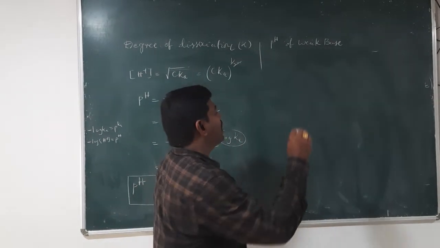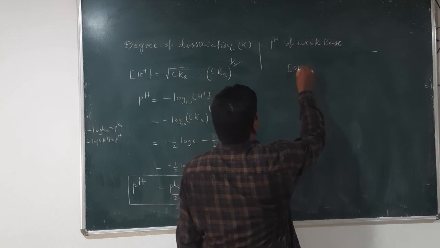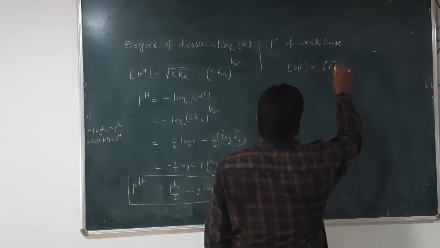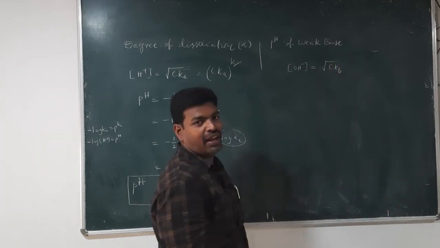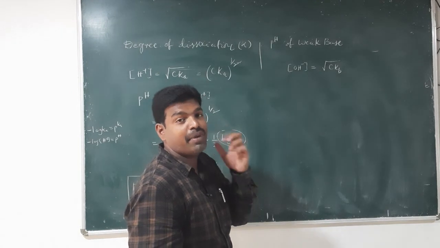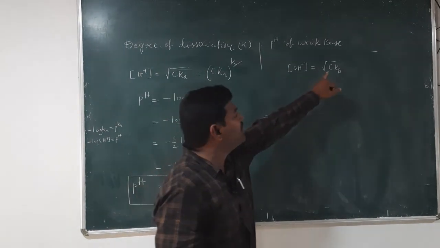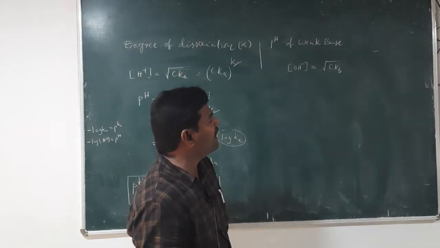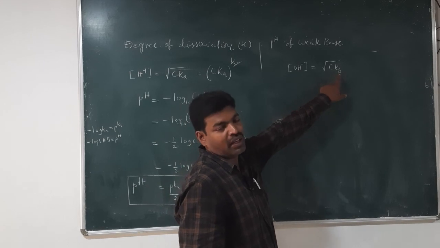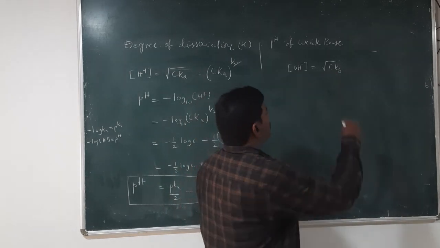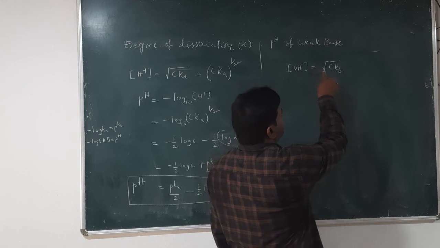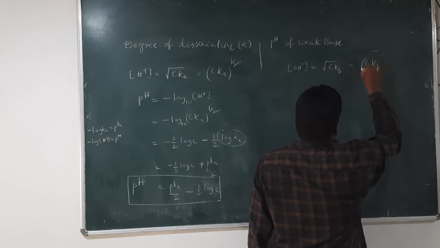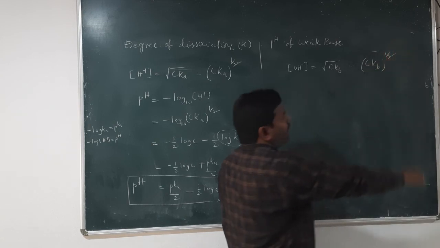Finally, we get the concentration of OH minus is root CKb. Why am I writing Kb? Because it is a weak base, so it is the dissociation constant of a weak base. That is why I represent it with the subscript letter b. So the concentration of OH minus ion is equal to root CKb, and it can be written as (CKb) whole power 1 by 2.